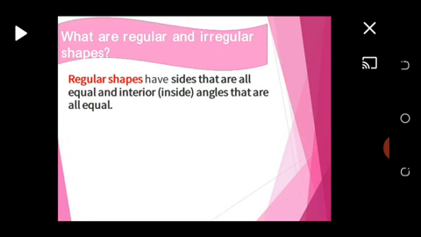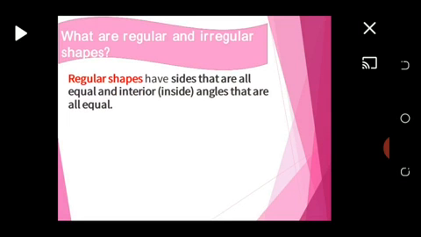The angles. Now, in a regular shape, the sides and the interior angles are equal. Both are equal. That is what determines a regular shape.